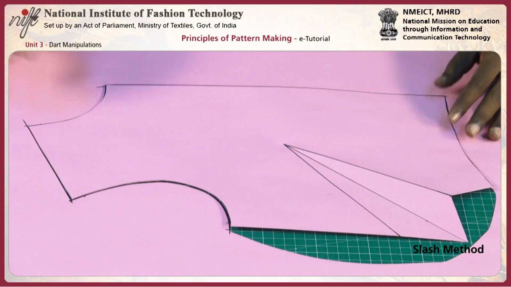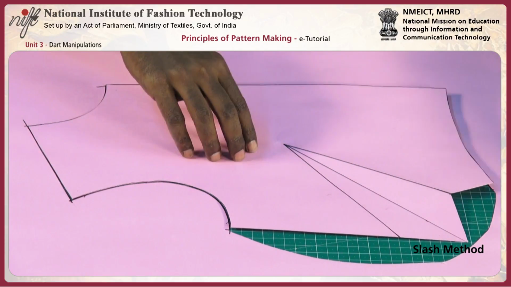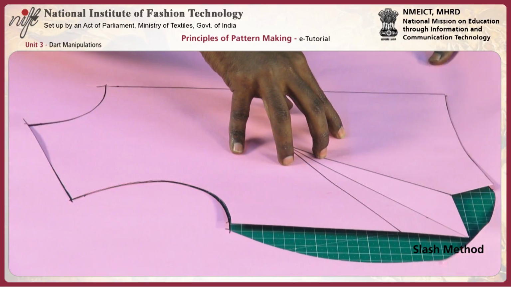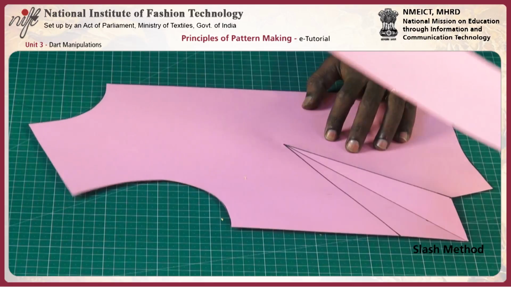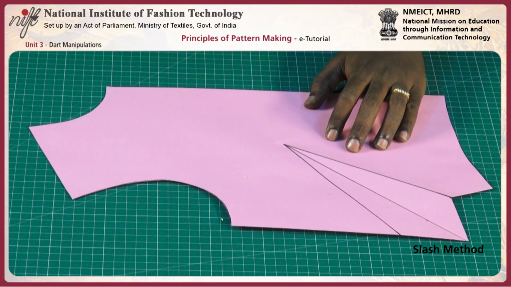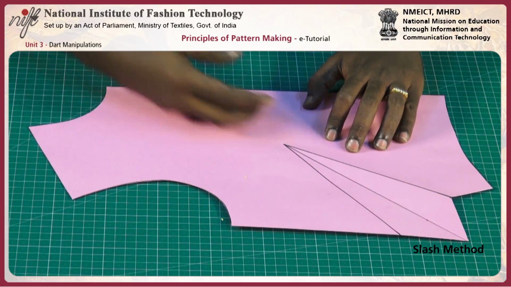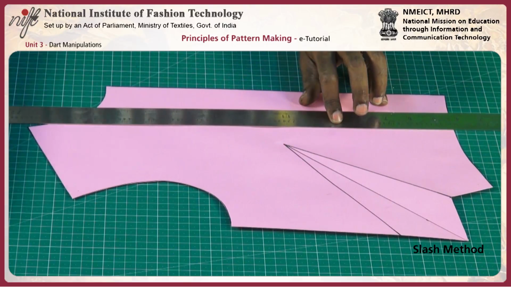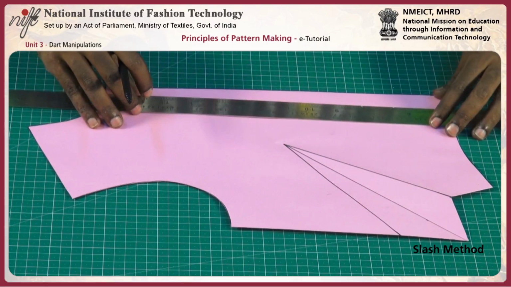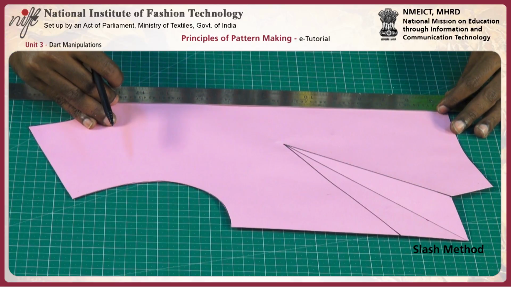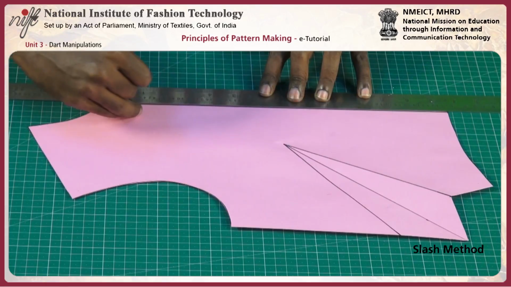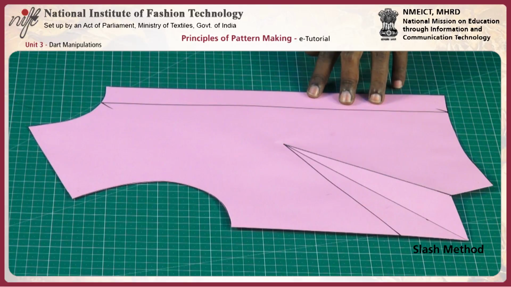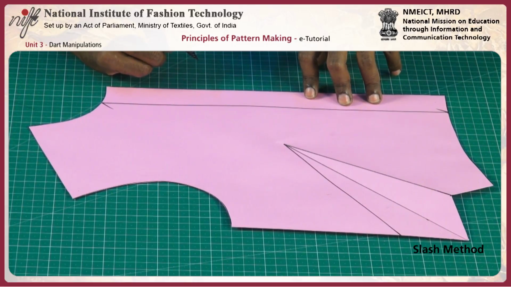Then draw the grain line and complete the pattern by writing all the labels.